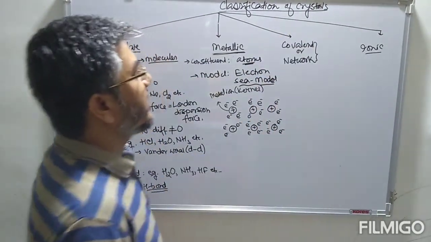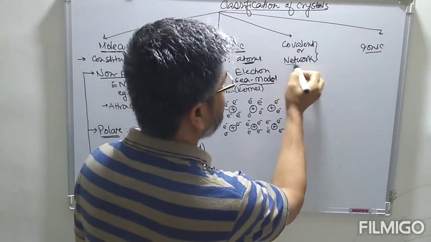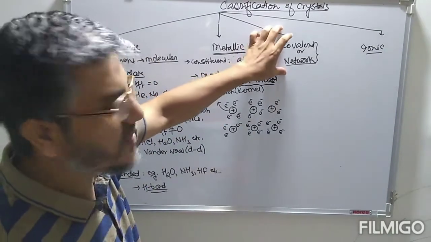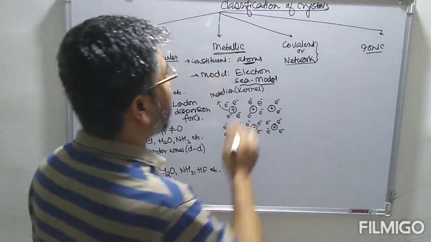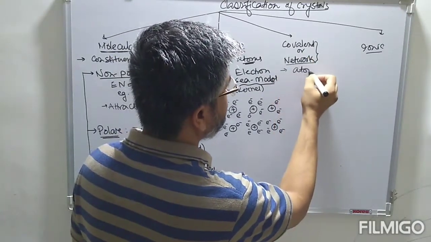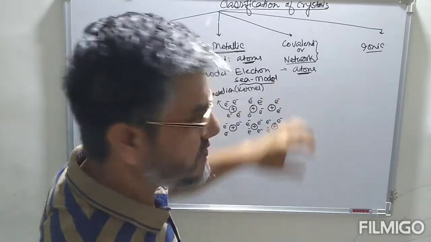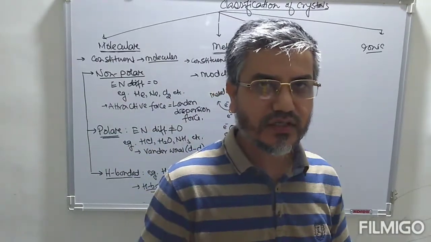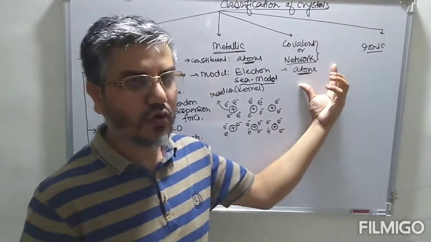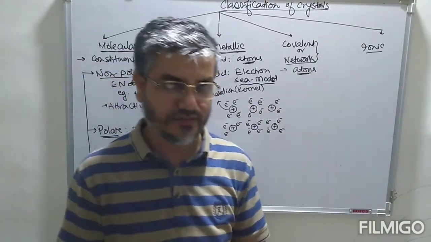Now coming to the third category of crystalline solids, we have covalent or network solids. Now in this covalent or network category, again the constituent particles are atoms, and these atoms are bonded throughout the crystal by covalent bonds which are extended in three dimensions.